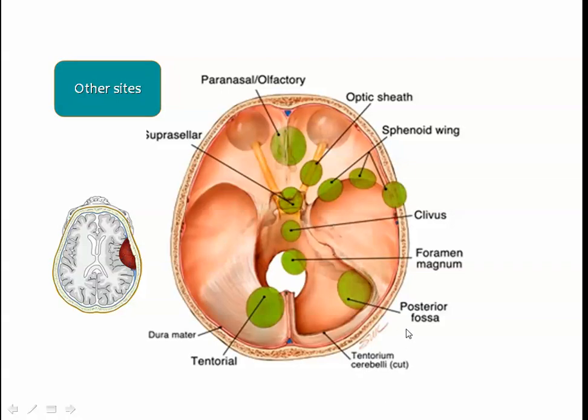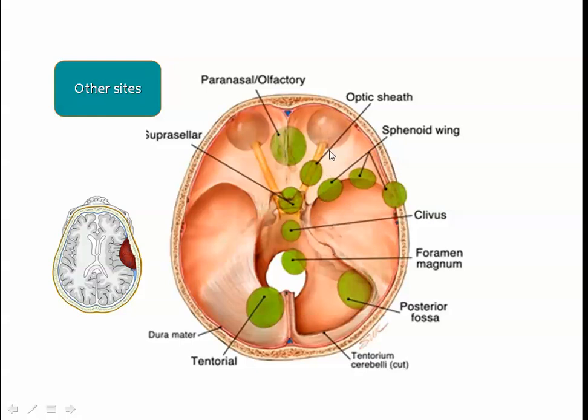And here are the different names of the meningioma according to the site of origin. The midline frontal meningioma usually arises from the dura on the floor of the anterior cranial fossa and is known as the olfactory groove meningioma or the subfrontal meningioma.